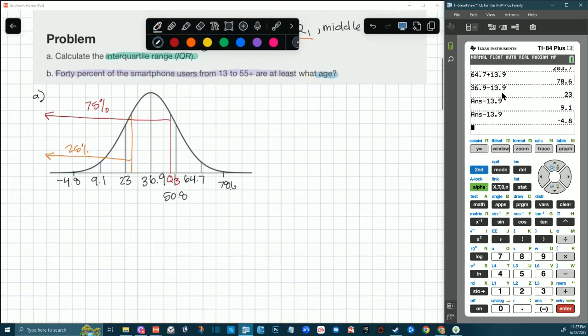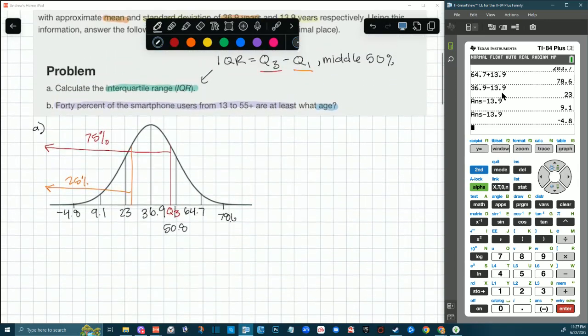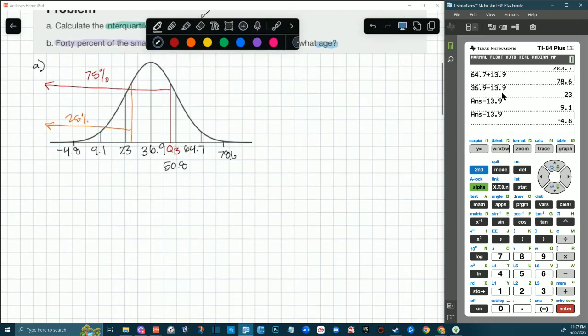When I do this on my calculator, remember that I'm not looking for Q3 and Q1 separately. I'm looking for the IQR. So what I really want is Q3 minus Q1. So I'm going to do these inverse normal calls one after the other. So I'm going to do inverse norm for Q3 first.